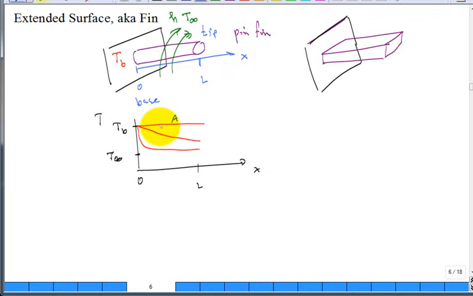How about for B? Well, it's being conducted, and then a lot of it's being transported as it's being conducted down the length of that fin into the fluid, and then the temperature of the fin is dropping. And so the temperature at the tip is lower than the temperature of the base. How about case C? It dropped a lot. Most of the fin is at what temperature? More than half.